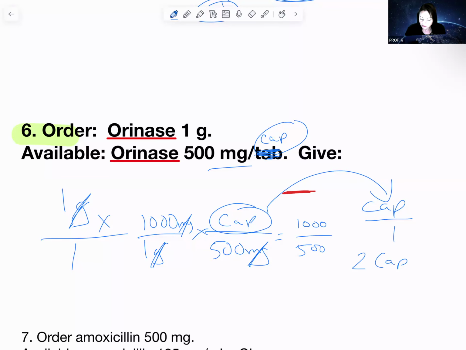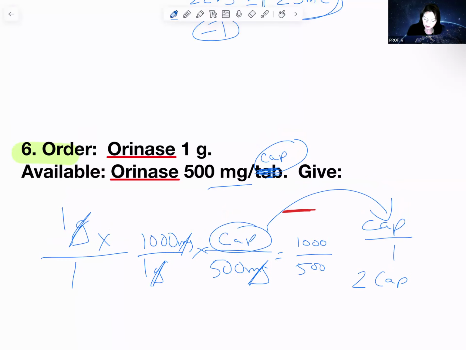But what I wanted to talk to you about is, what if your answer came out to be 1.75 capsules? What do you think the answer would be? Yes, Esther, you're right. Yep, Ethan, you're right. It's still 2 capsules. Why? Why are you not following the rules, Professor K? You said we have to follow the rounding rules. Well, you can't split a capsule.